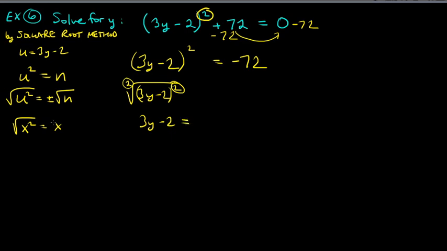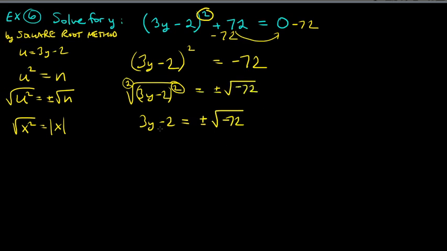You don't have to worry about the absolute value if you don't forget the plus or minus. Make sense? I forgot to write plus or minus the square root of negative 72 here.